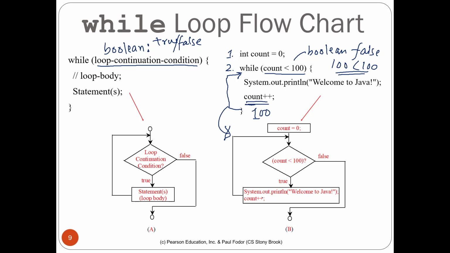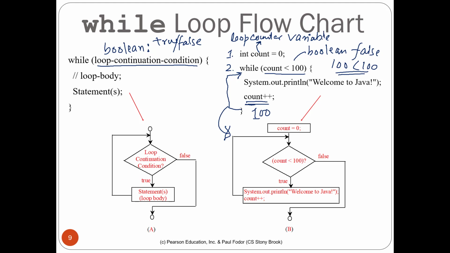Alright, because if you don't increment count, then you will lose track of how many times you have run the while loop. And if you don't increment or decrement count, if you don't update the counter variable, let me tell you about this thing. This count variable that you have, which you can call count or i or j, whatever you call it, is being used to control the execution of the while loop, and is called the loop counter variable, or loop control variable.